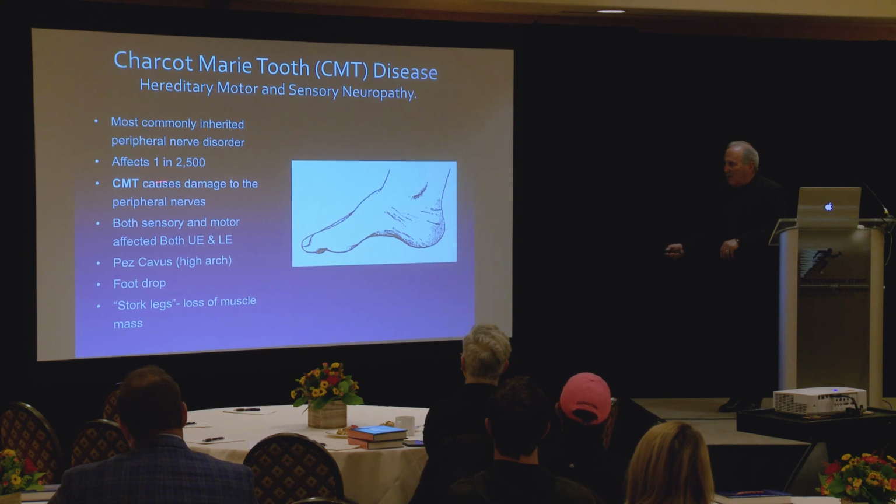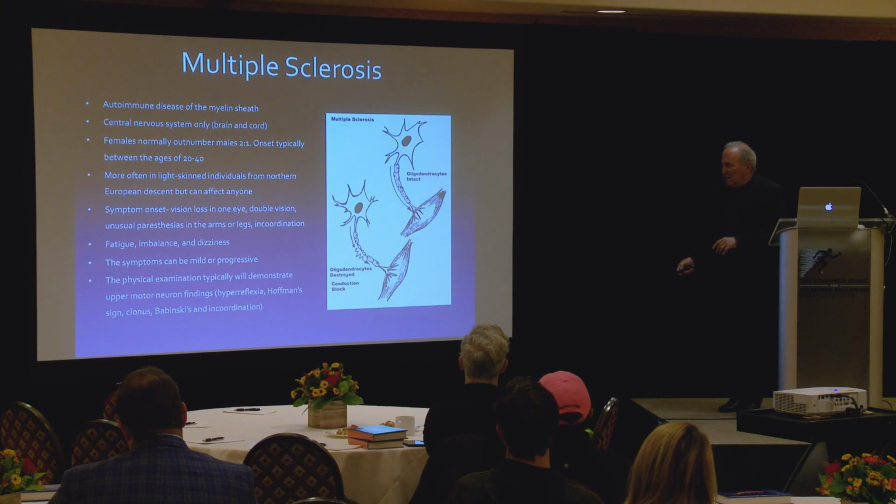It causes damage to the peripheral nerves, both sensory and motor. So you can start to rule things in and out. If somebody's got a sensory deficit, that can be radicular, right, nerve root compression, but it can be CMT. But you're going to see patients that have symmetric changes, high arch, drop foot, and stork legs.